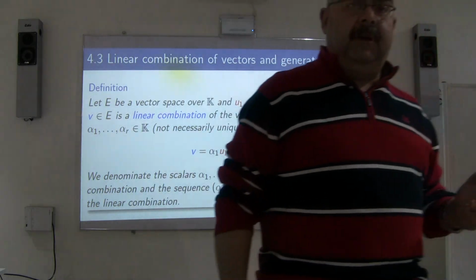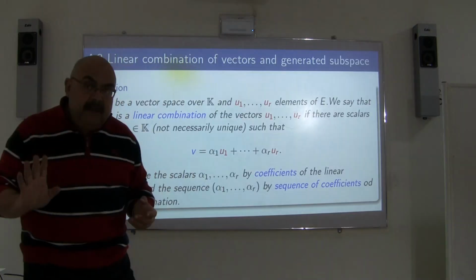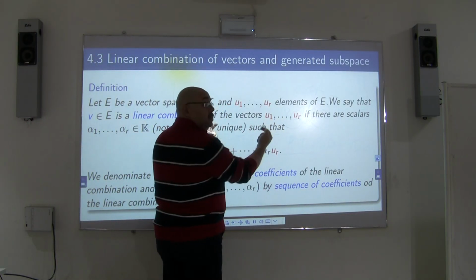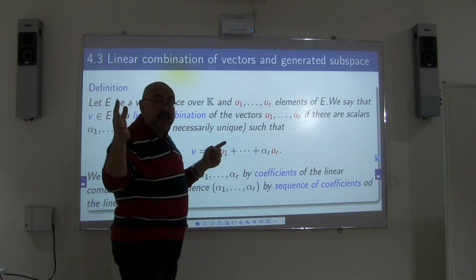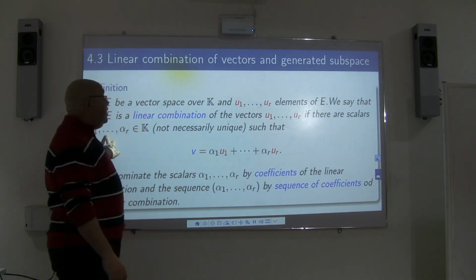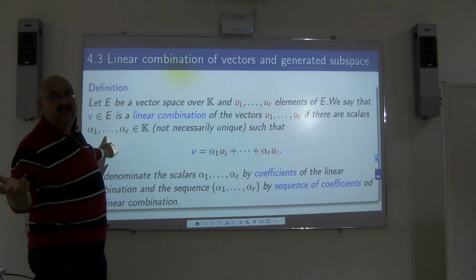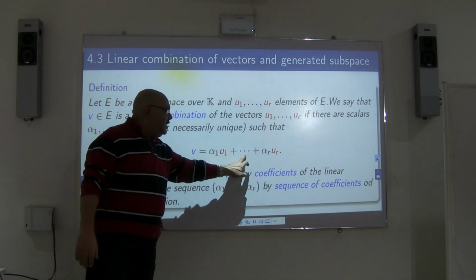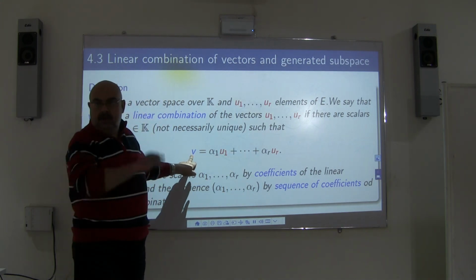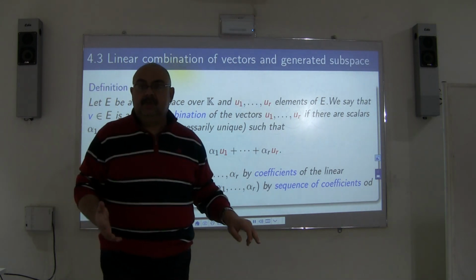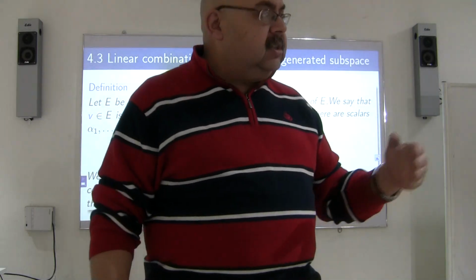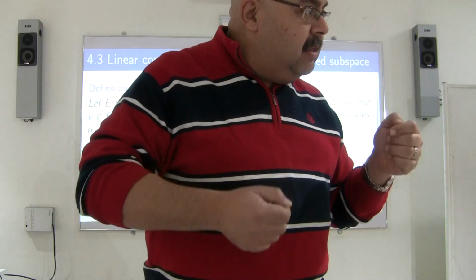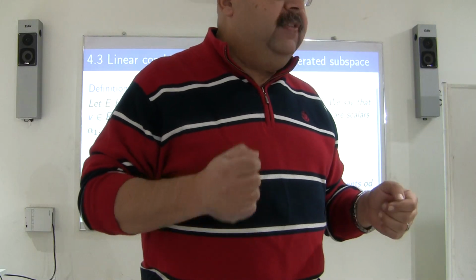A linear combination means I take this set of vectors and multiply each one of them by a specific value, a number belonging to the real or complex numbers. Once you make this addition, you will have any vector in this vector space. So u1 up to ur are like the generators of this vector space, just by replacing the values of alpha 1, alpha 2, alpha 3, and so on.